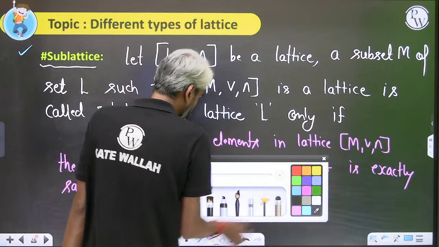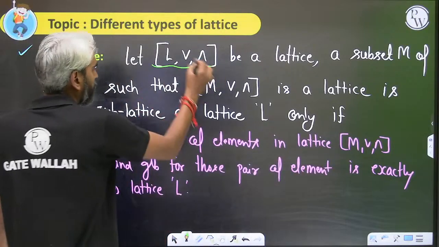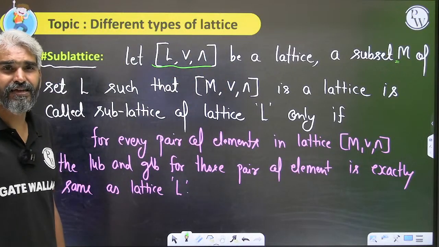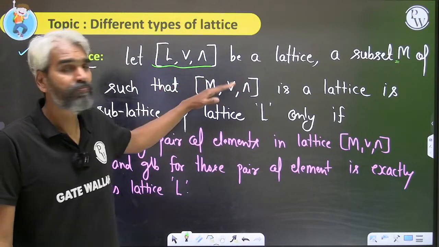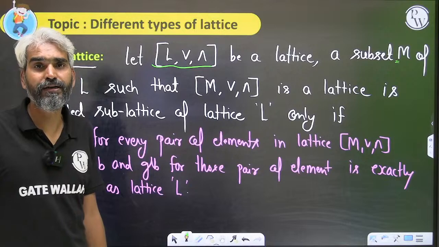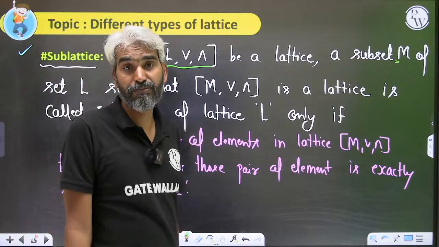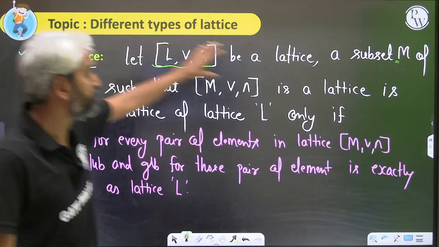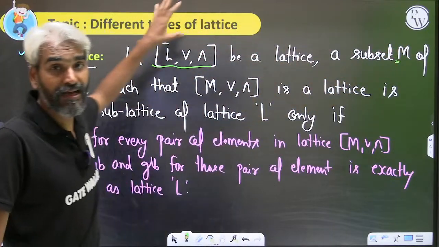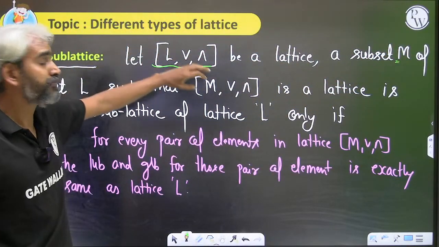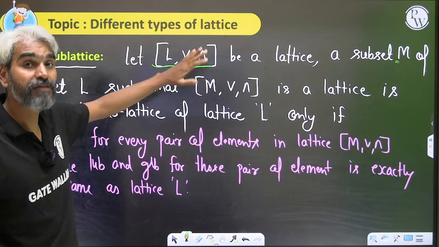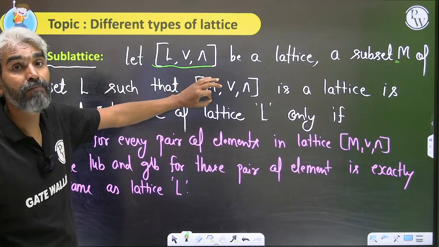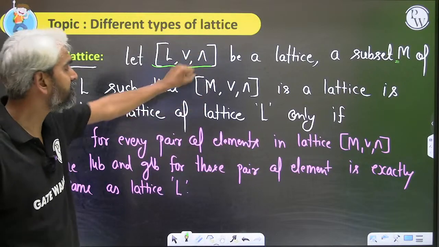So what is tricky here? If you take a lattice L and take a subset from the set L, it's not necessary that the subset, with the same definition of least upper bound and greatest lower bound, will follow the lattice property. So the very first thing is that if you choose a subset M from set L, then for every pair of elements of that subset M, the least upper bound and greatest lower bound should exist in set M itself.